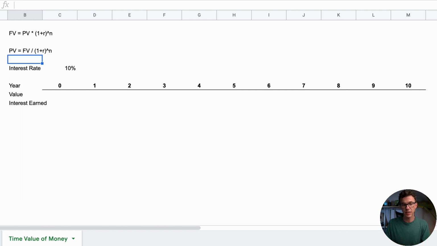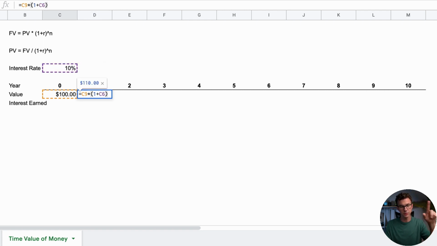To show you how that works, let's say we have $100 today and the interest rate or return is 10%. We take the $100 and multiply it by 1 plus the interest rate. It's 1 year, so it's to the 1 power, which gives you $110.